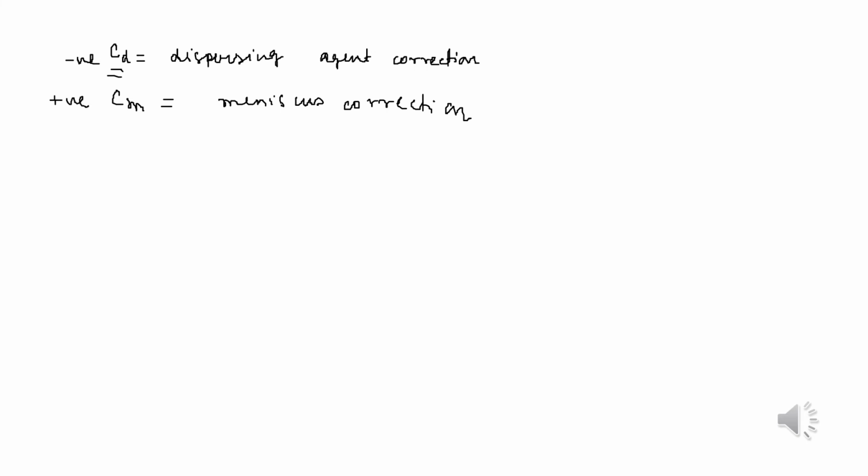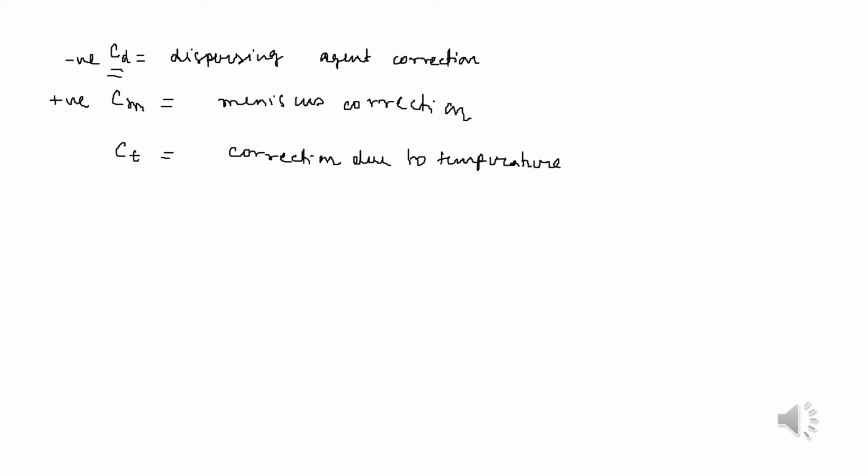Another correction that we need to consider is due to the temperature effect, which we call CT. It's a correction due to temperature. Usually hydrometers are calibrated at 27 degrees centigrade.